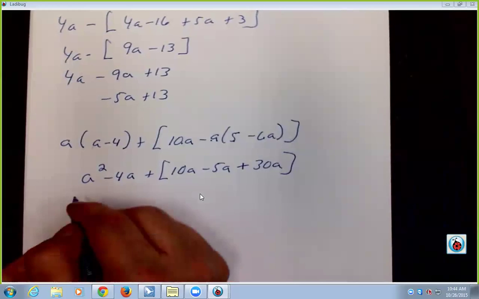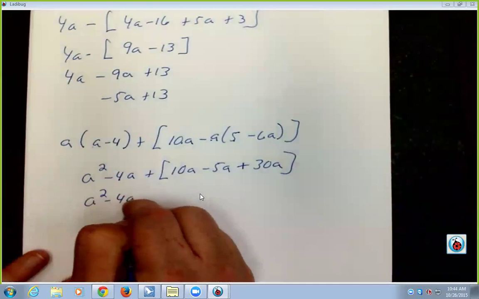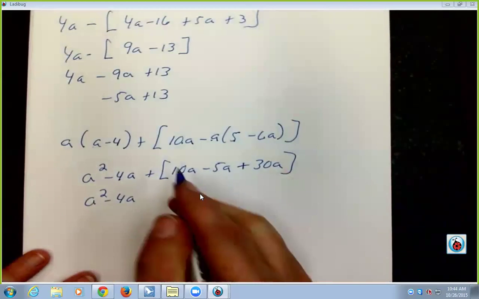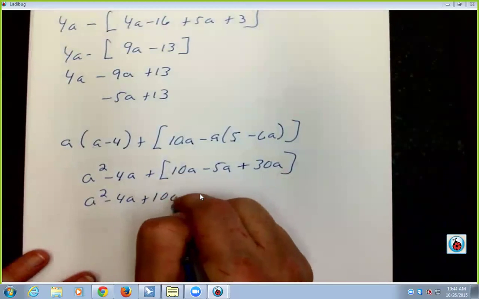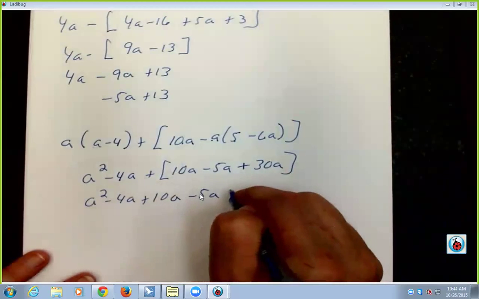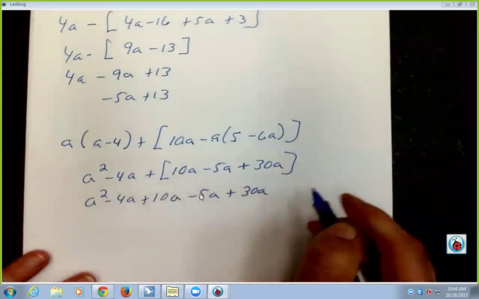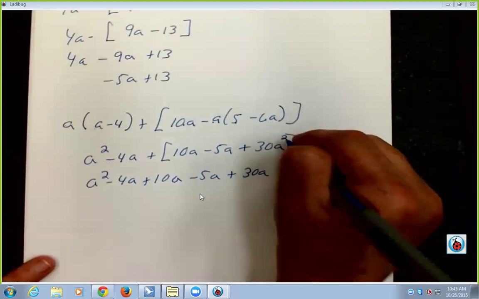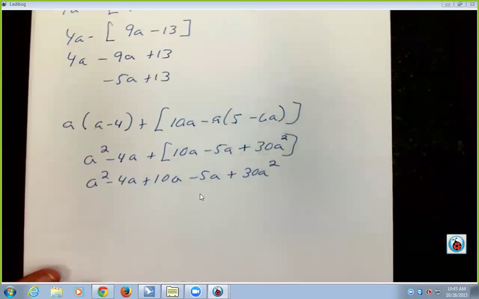So then, if I pull everything out, it's a plus out here, so nothing has to change in there. So I just drop my parentheses, or my brackets in this case, and now I can go through and put my stuff together. This is a squared on that 30, and put my pieces together and come up with what I would have for an answer.